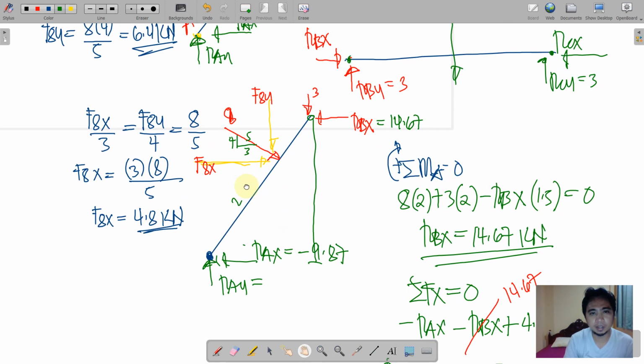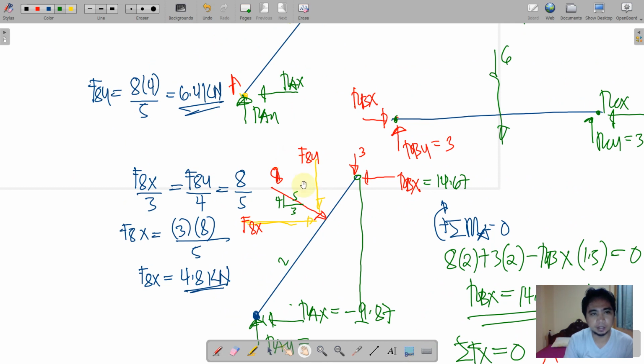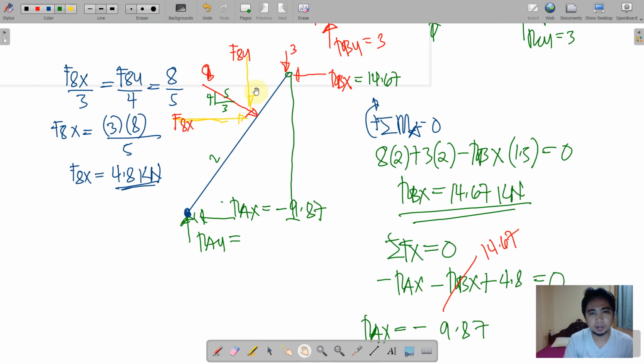Component along Y, or F8Y is 6.4 downwards and another downwards 3 here. 6.4 plus 3, that is 9.4 to be resisted by RAY. That is the only force going upwards. That is 9.4 kilonewton. So, kompleto na dito sa member na to.